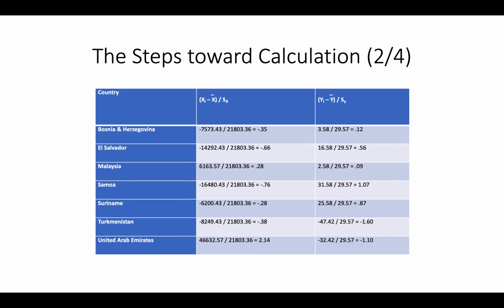We're adding another step, though, on top of what we do for covariance. We're dividing those deviations from the mean value by the standard deviation for x and the standard deviation for y. Standard deviation for x is 21,803.36, and the standard deviation for y is 29.57. And the results of those calculations are presented in the table.